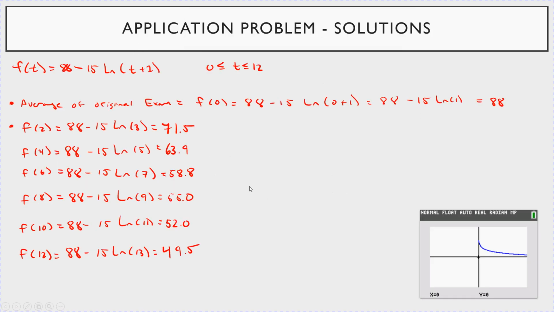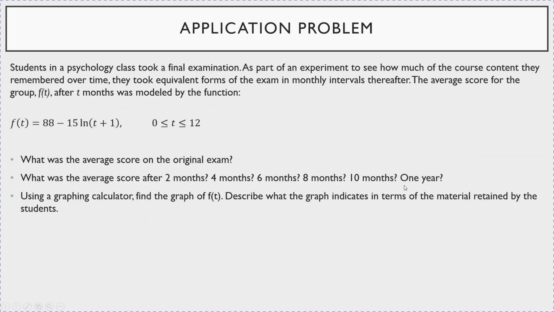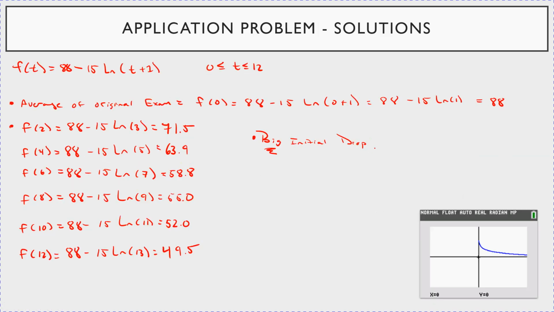Okay, so here we have the graph from the graphing calculator. Big initial drop in the knowledge retained, in material retained, which is what you would think, right?